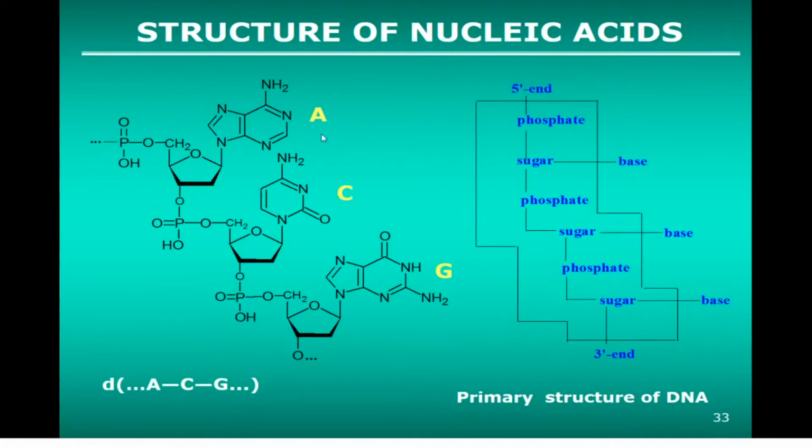They look to the next chain. It will be in the opposite direction, like a mirror image, not exactly, but it seems like it. So it should be written this way. Our functional groups look to the next chain. It's an antiparallel structure.